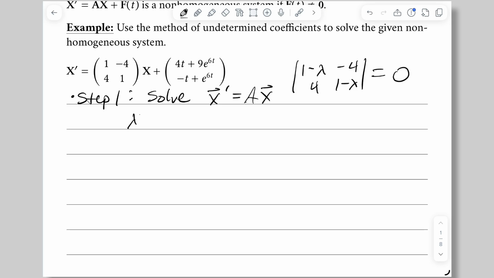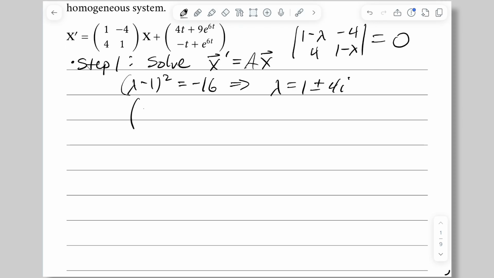This is going to give lambda minus 1, the quantity squared, is equal to negative 16. And so lambda is equal to 1 plus or minus 4i. Proceeding with finding the eigenvector, we form the matrix equation 4i, negative 4, 4, negative 4i times k is equal to 0.